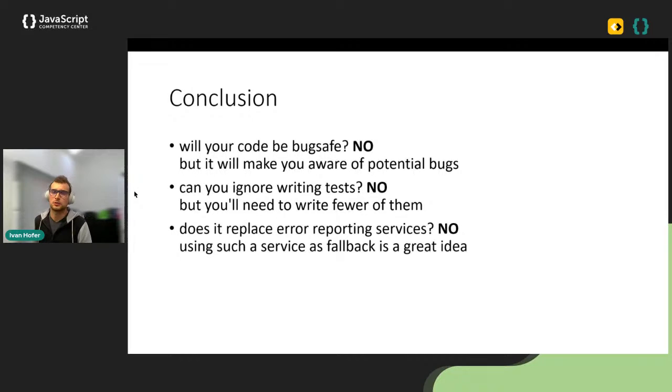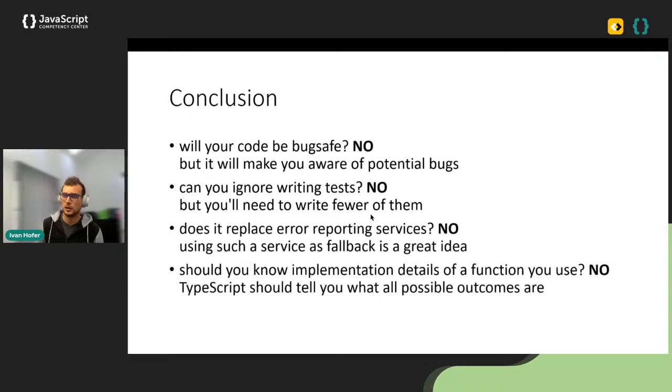No. There could always be cases where you forgot to wrap something or where you use the tools incorrectly. So having an error and exception reporting service as a fallback is always a great idea. And should you know the implementation details of a function you use? No. You should be able to trust the function to do what it says, and TypeScript should tell you what all possible outcomes can be.